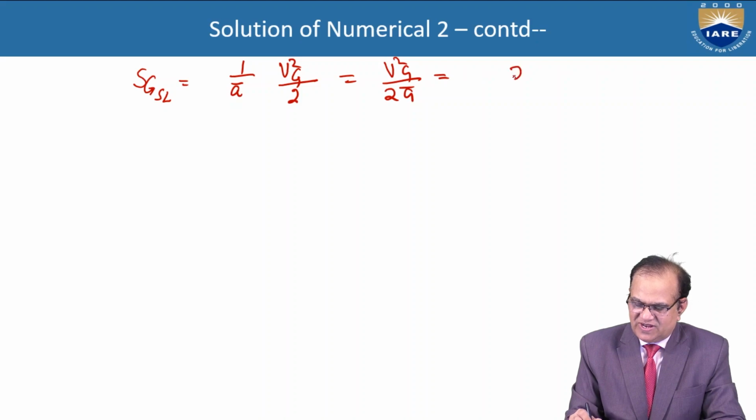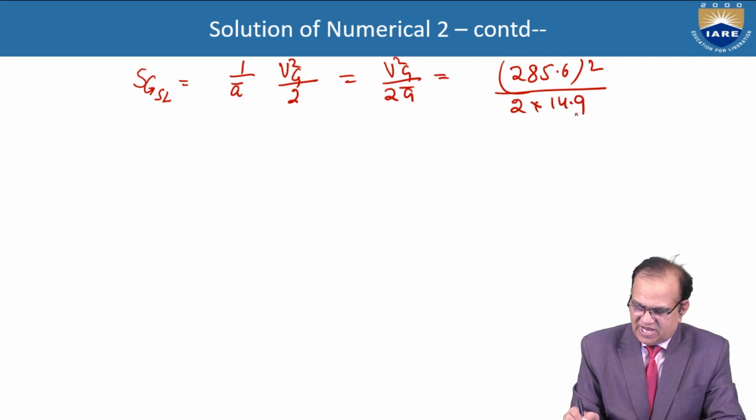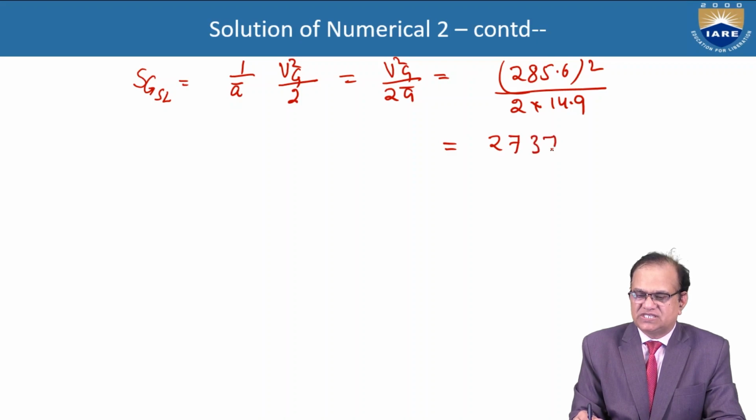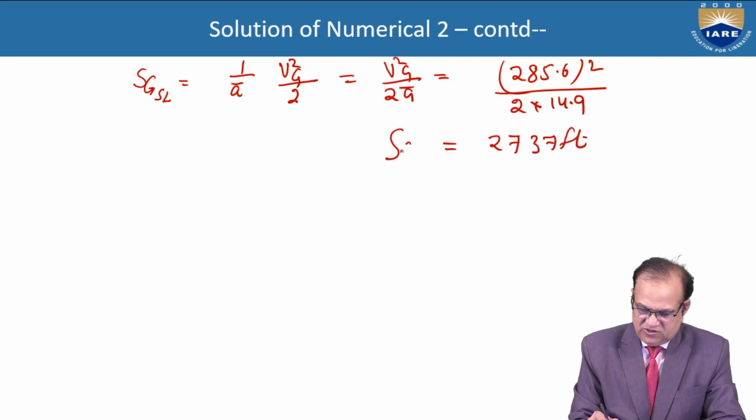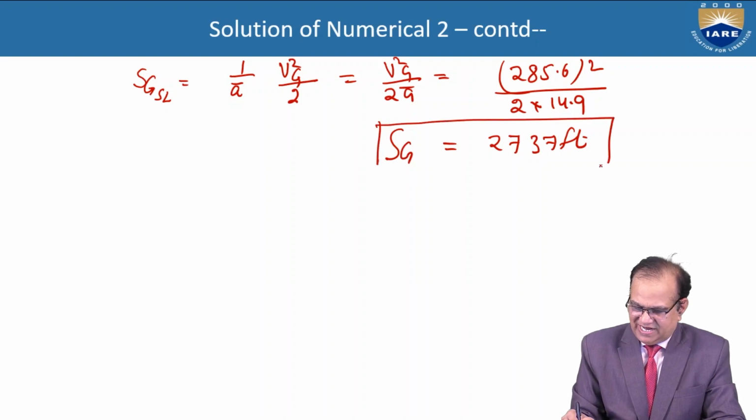V is given, 285.6 whole square divided by 2 into 14.9. This you will get 2737 feet. So this is your SG at sea level.